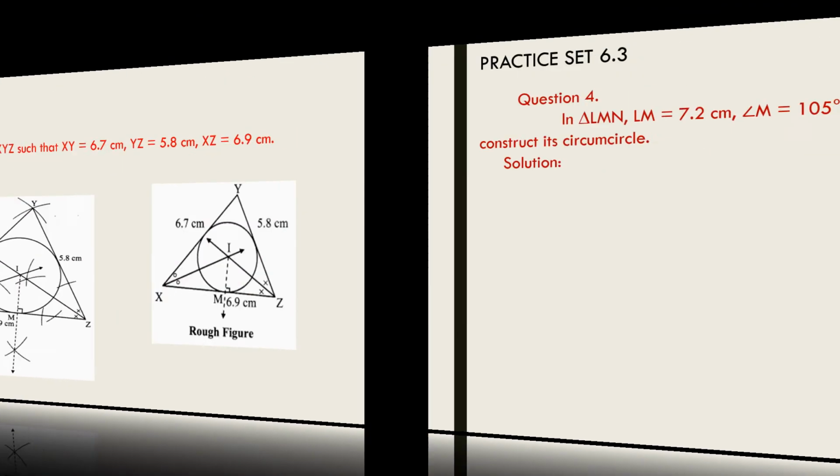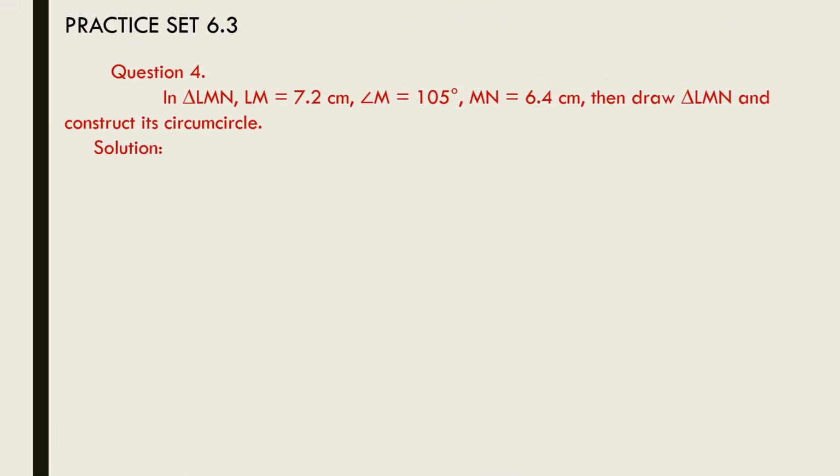Question number 4. In triangle LMN, LM is equal to 7.2 centimeter, angle M is equal to 105 degree, MN is equal to 6.4 centimeter. Then draw triangle LMN and construct its circumcircle. First draw the rough figure, and next draw the triangle.